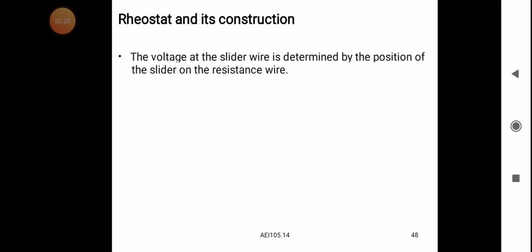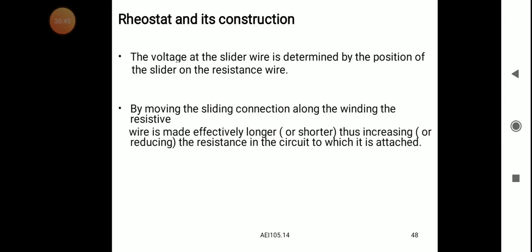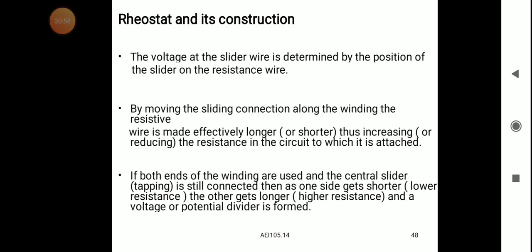The voltage at the slider wire is determined by the position of the slider on the resistance wire. By moving the sliding connection along the winding, the resistive wire is made effectively longer or shorter, thus increasing or reducing the resistance in the circuit to which it is attached.